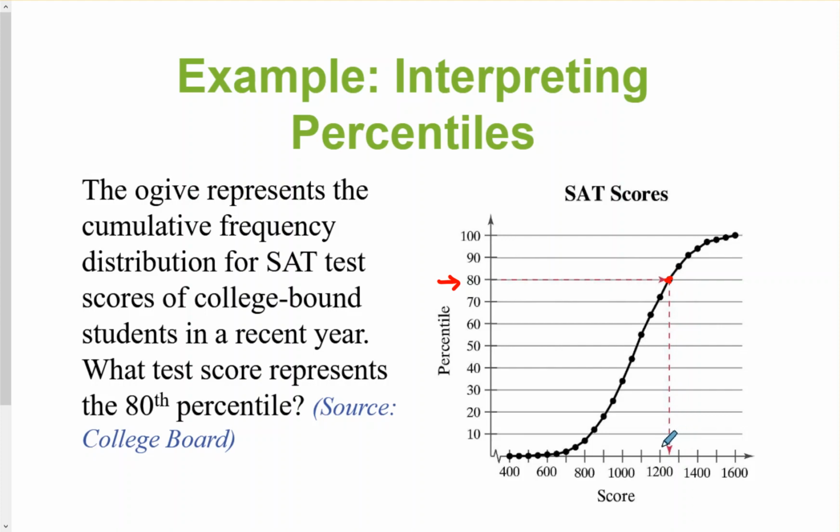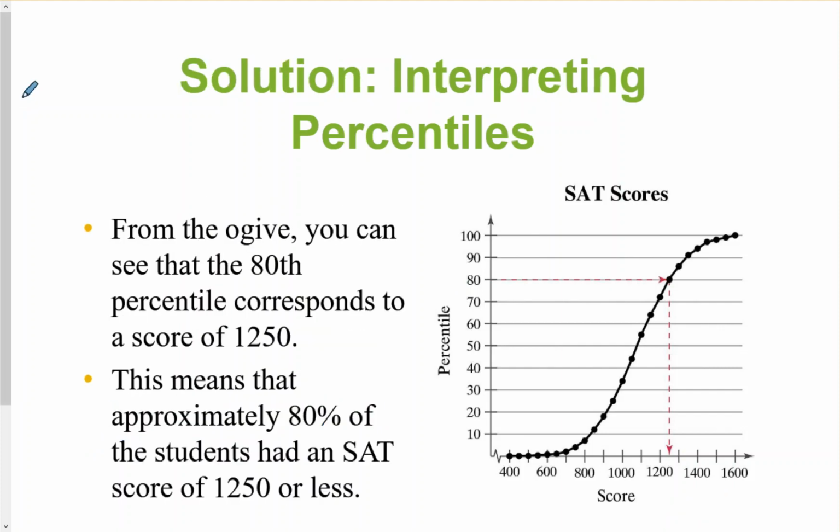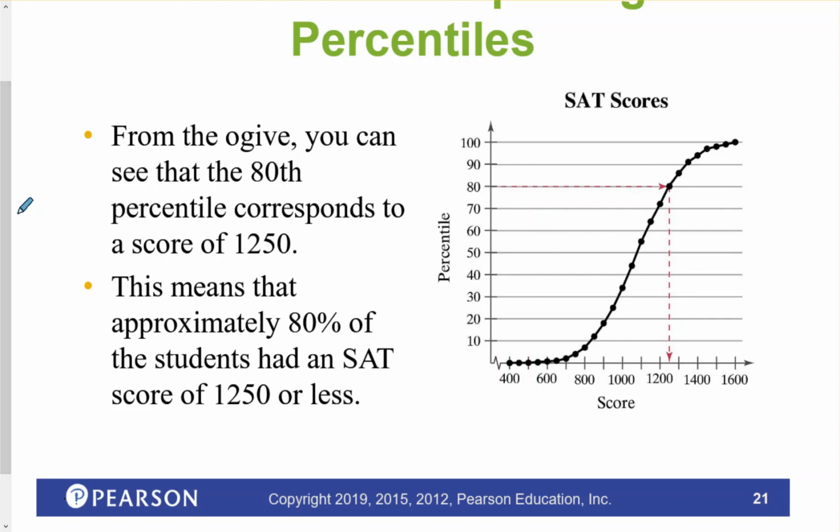Looks like between 1200 and 1300, so about 1250. That would represent the 80th percentile. This means that approximately 80% of the students had an SAT score of 1250 or less.